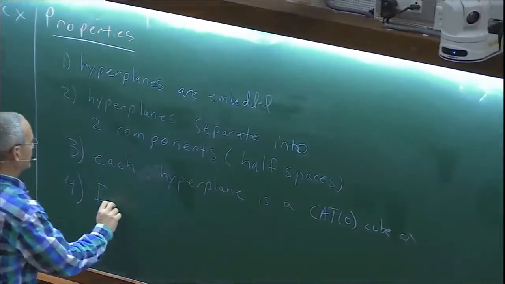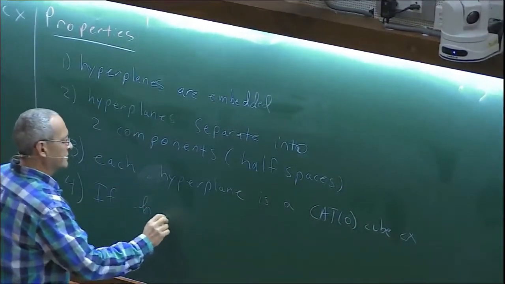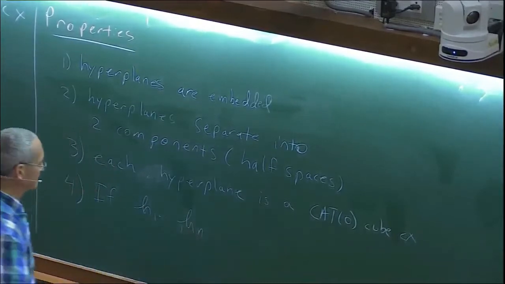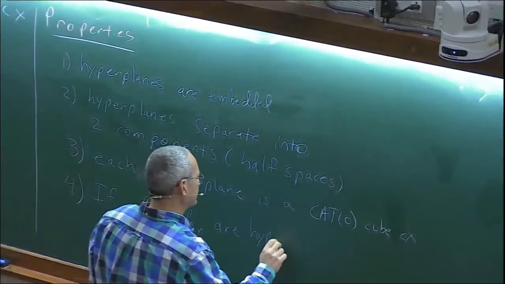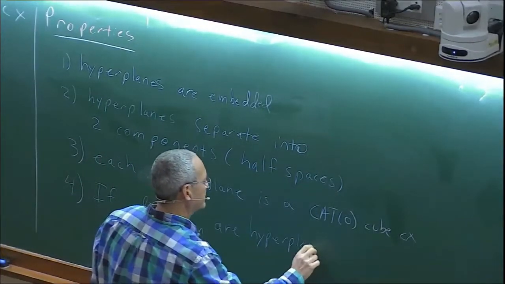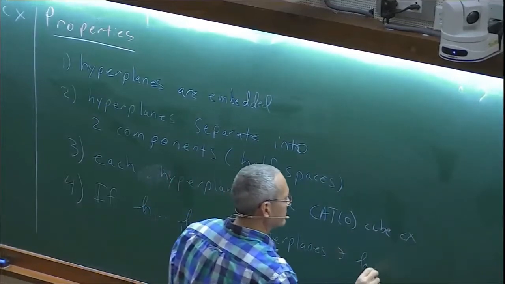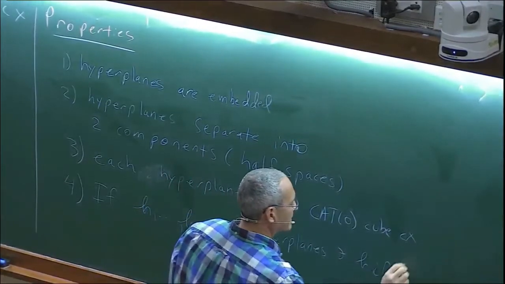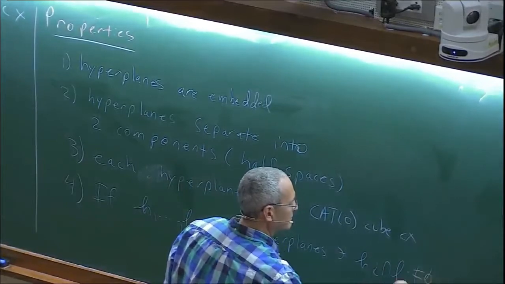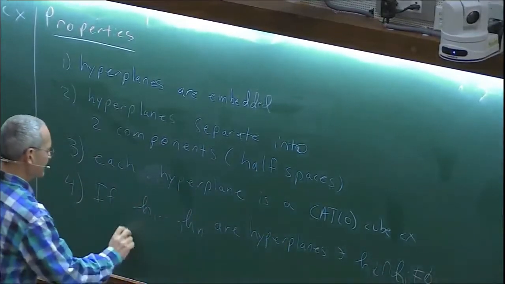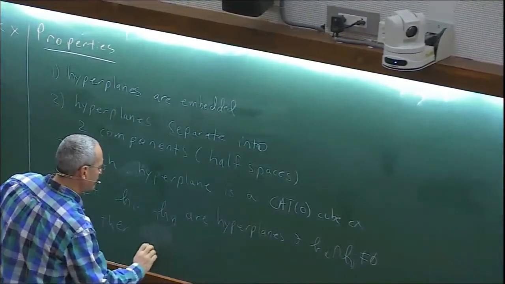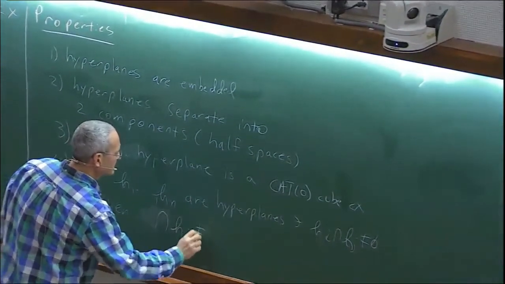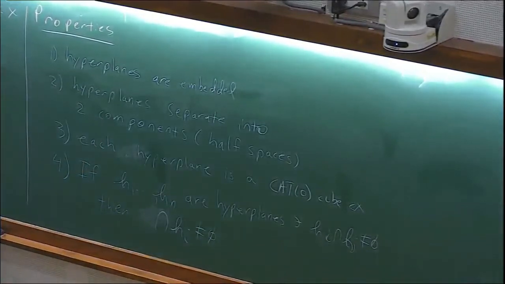So if H1 up to Hn are hyperplanes such that Hi intersect Hj is non-empty, then the intersection of all of them is non-empty. Okay, it's a kind of Helly property for hyperplanes.